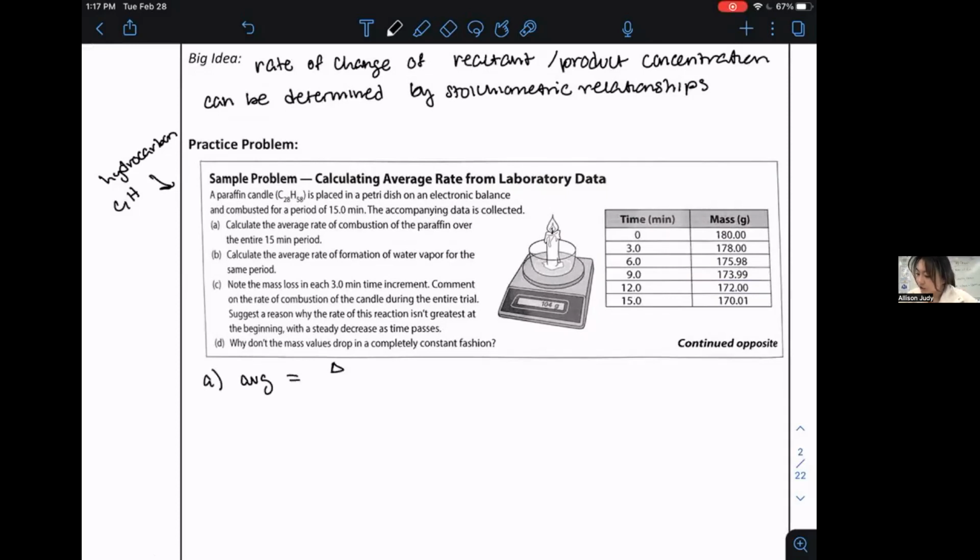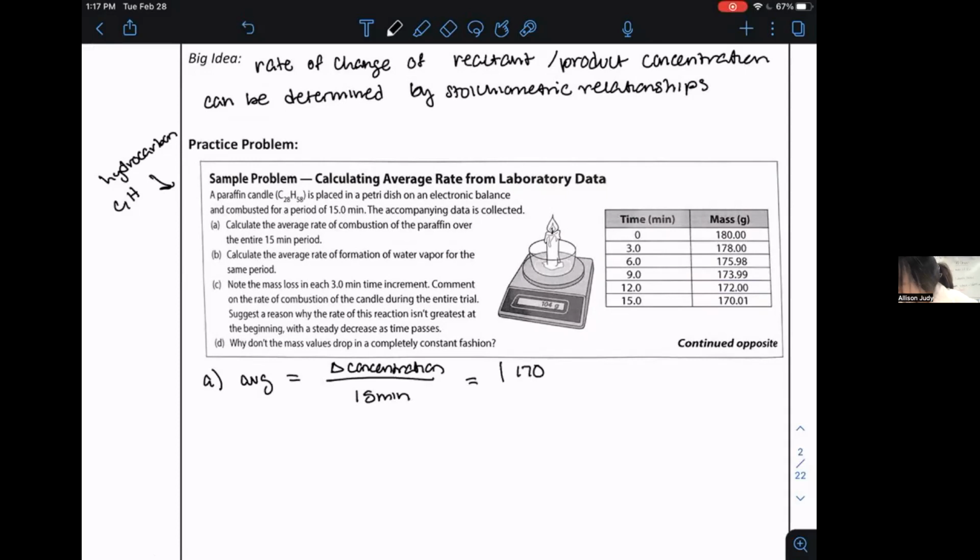What is the change over the 15-minute time frame? Easy peasy, lemon squeezy. I start at 180 and I end at 170.01. This is not too bad at all, you guys.